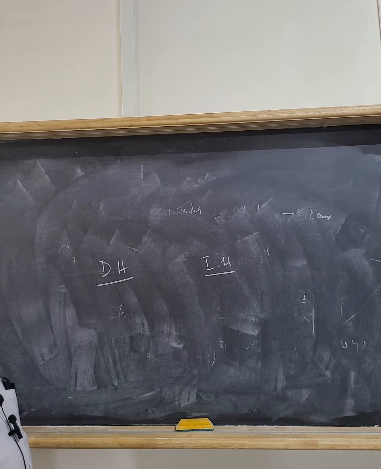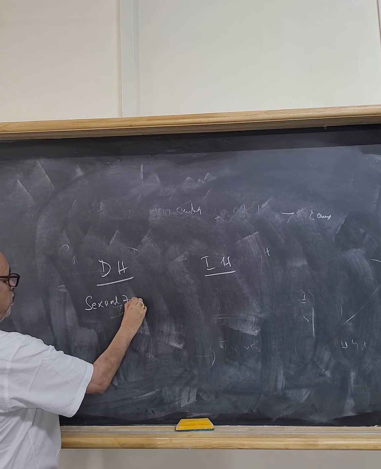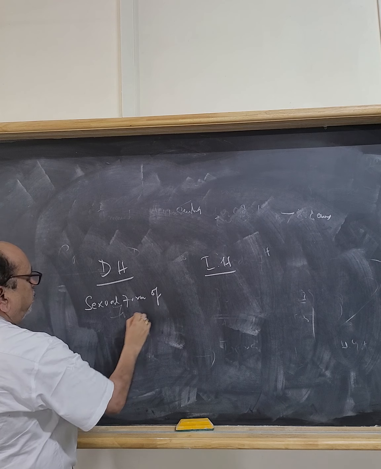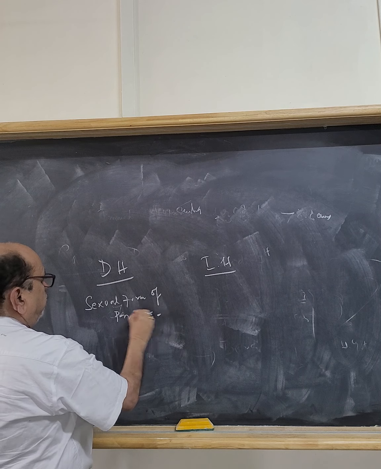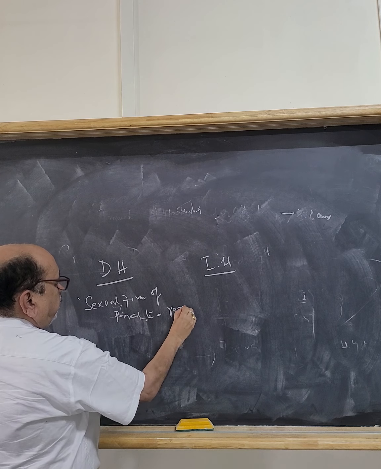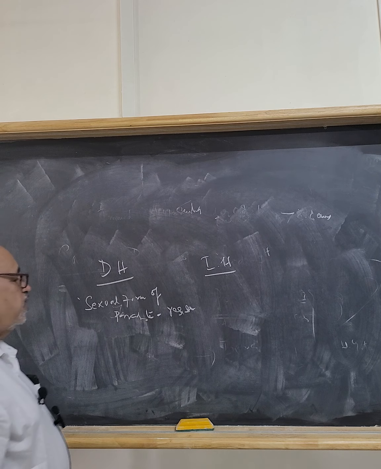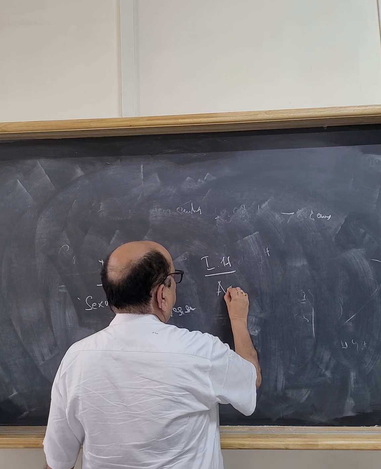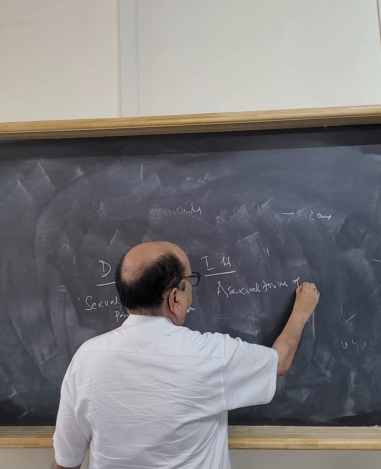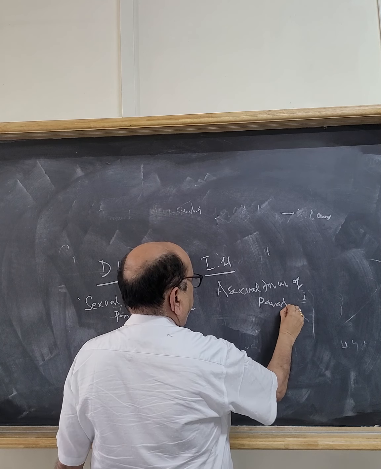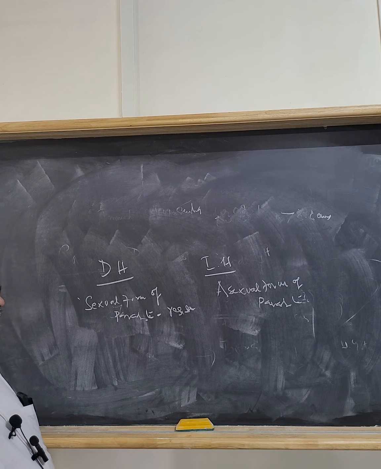The definite host is where the sexual form of the parasite resides. The intermediate host harbors the asexual form of the parasite.